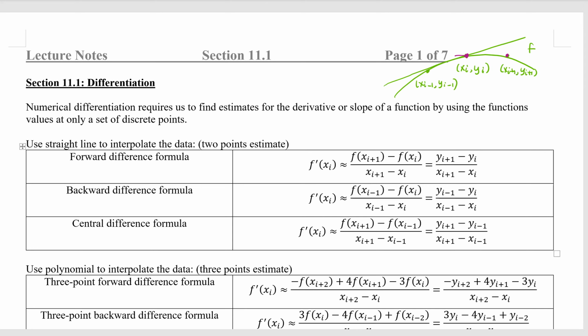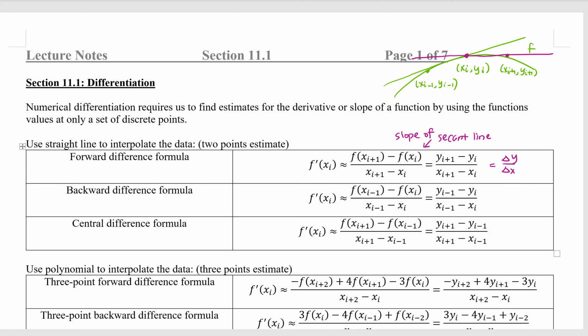We look at the secant line passing through these 2 points and use the secant line slope to approximate the tangent line slope. So this is the secant line. Everybody, you see this is the change of y over the change of x. So this is the slope of the secant line through those 2 points.